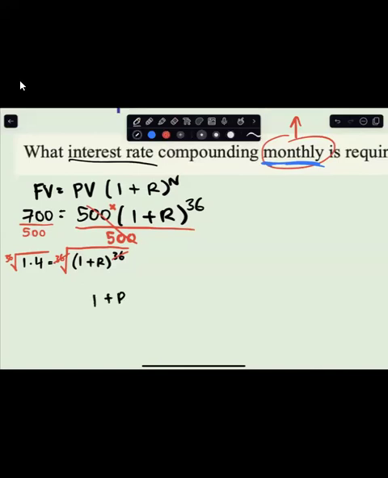1 plus R equal to, now to put this into the calculator, there should be a button where you have to press shift. So there's that root button, there's a square at the top, and there's a square in the middle. It should be above the button that says x to the power of a box.